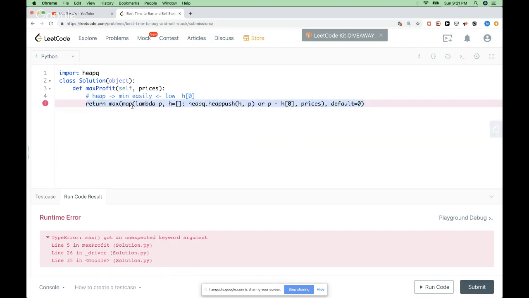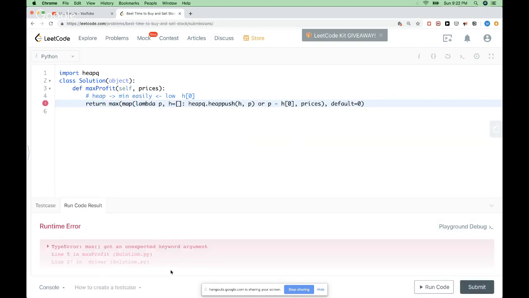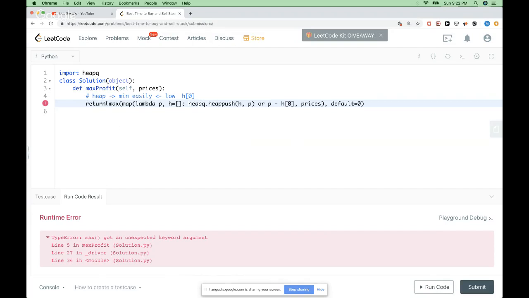What is that? Okay, let me just first print this and see what is wrong.